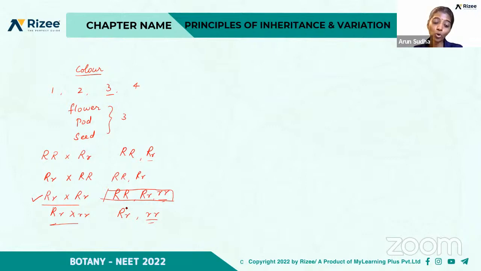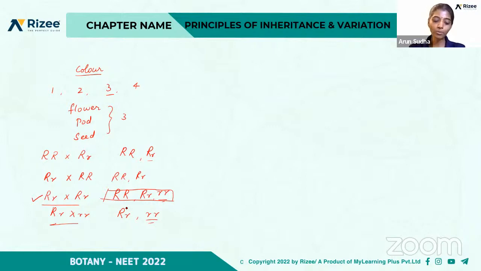In the case of codominant genes, what will happen? Option C says alleles both of which interact to produce a trait which may resemble either of the parental type. That is not happening in codominance. Actually, in codominance both genes express together, right? Here they may resemble either of the parental type, so that is not the right answer.